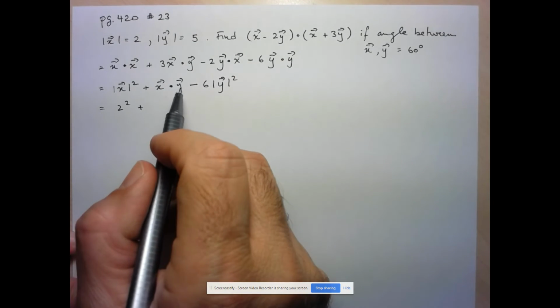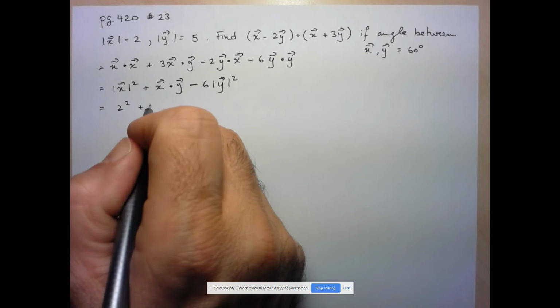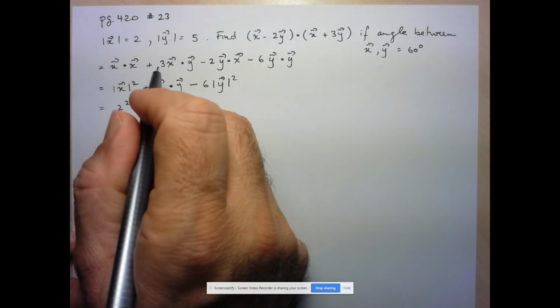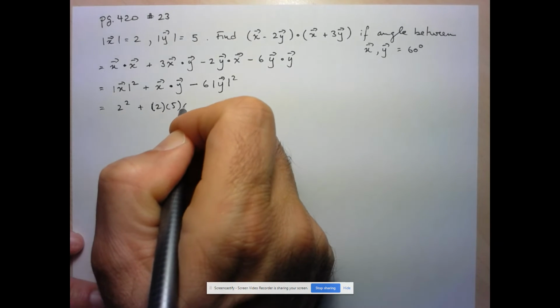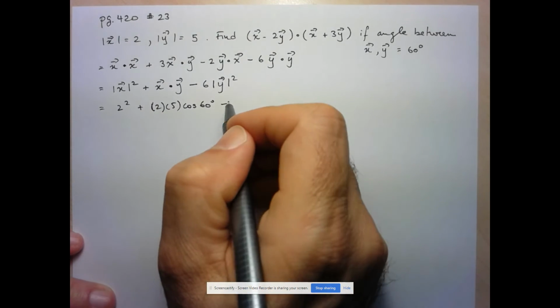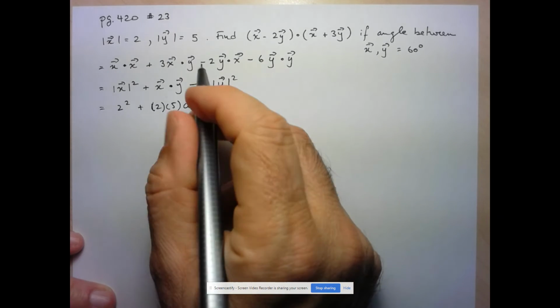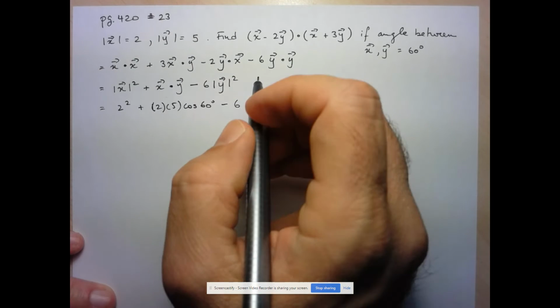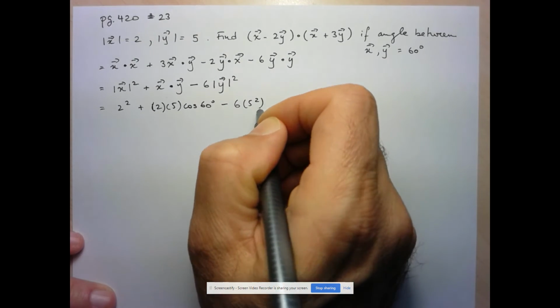So we can apply the geometric definition of the dot product, which is the magnitude of x, so that's 2, times the magnitude of y, which is 5, times the cosine of the angle between them, cos 60. And then here again, 6 times the magnitude of y squared, so times 5 squared.